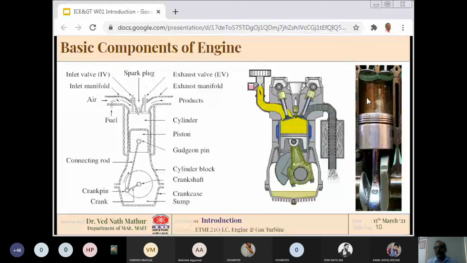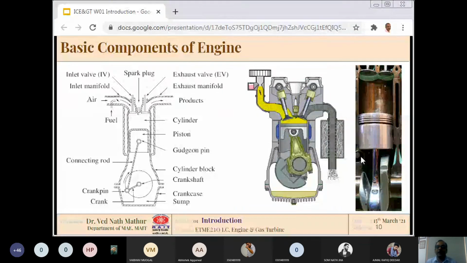Now, these high pressure gases may leak past the piston and come towards the bottom side. On the bottom side, there is cooling oil. It can contaminate that cooling oil. And if unburnt fuel air mixture leaks out of the combustion chamber, it also contributes towards pollution.